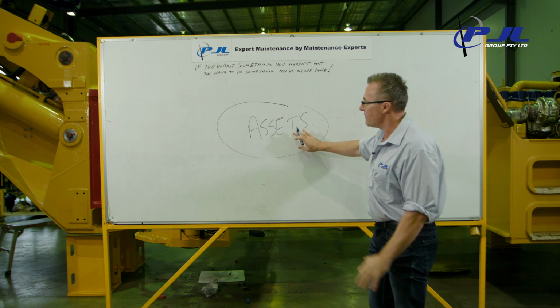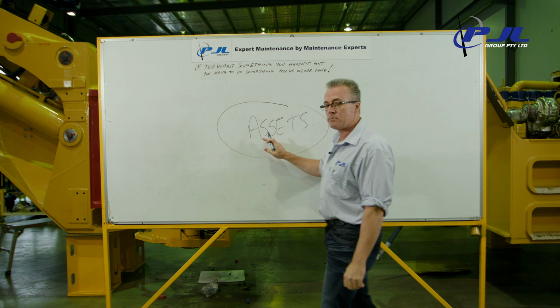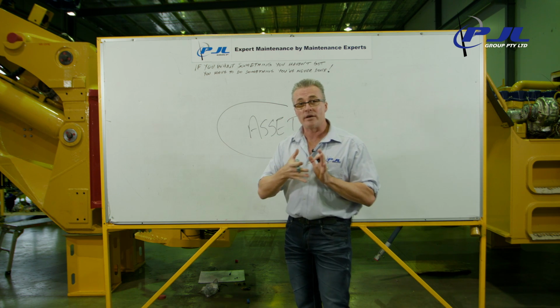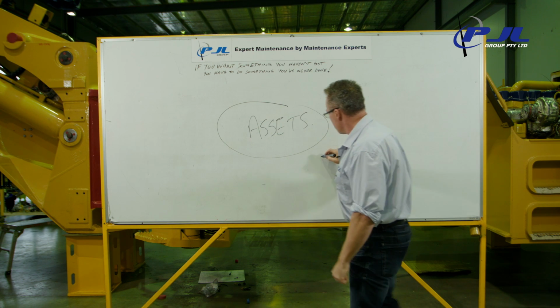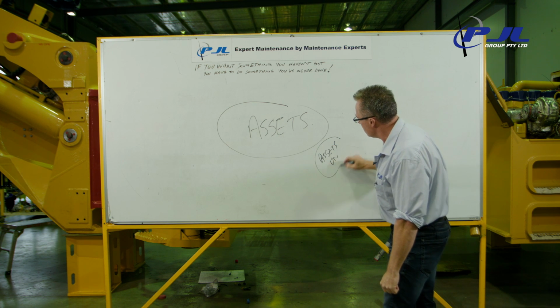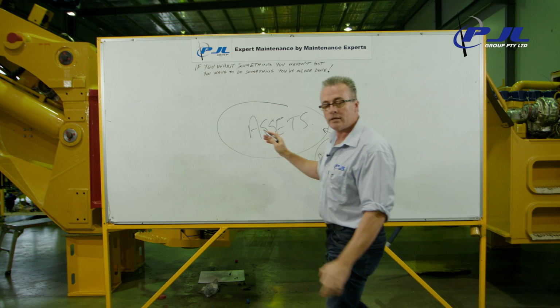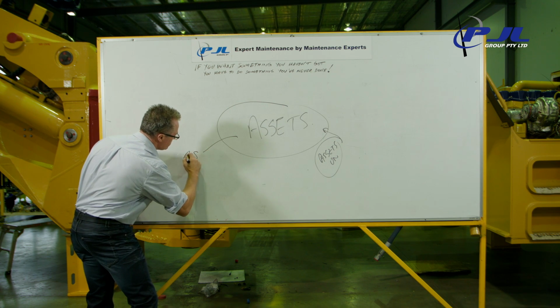So we have our mobile assets and we roll assets on and off this mobile asset as part of how we look after that machine across its life cycle. So I have assets going onto the machine, and then I have assets coming off the machine.